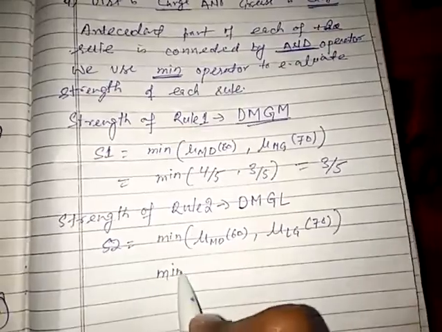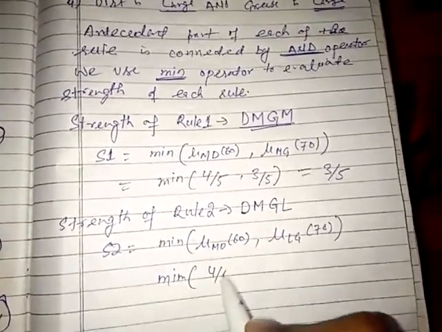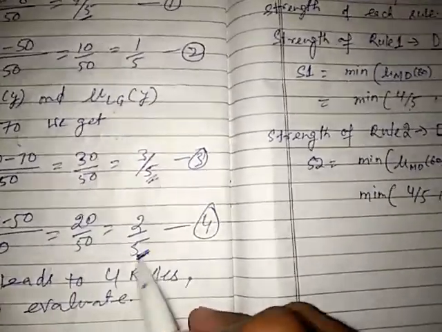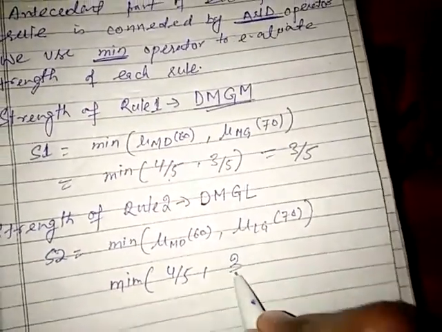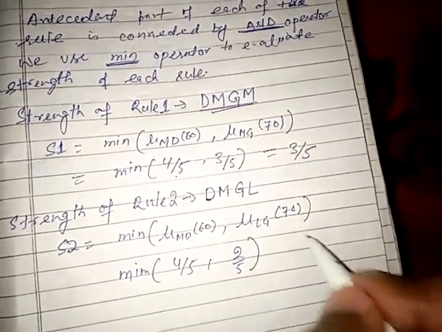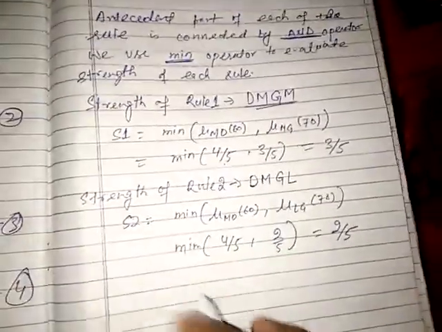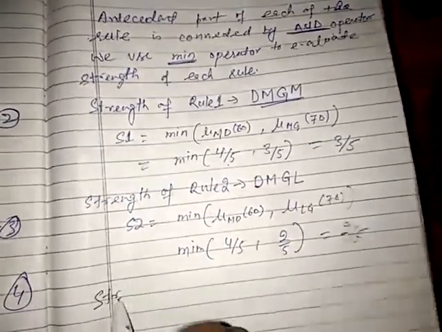The value of the first one is 4.5, which we already used, and the value of large grease is 2.5. The minimum value between them is 2.5.